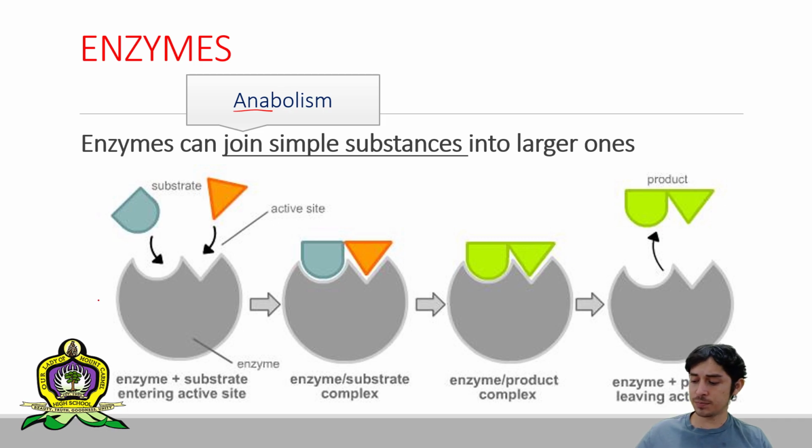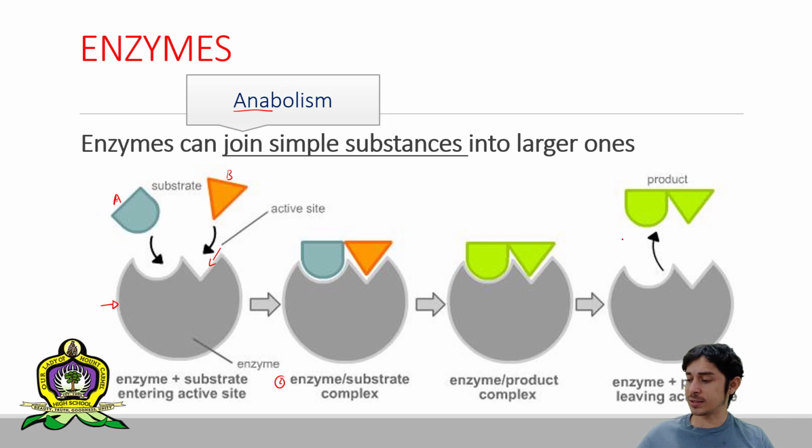The gray part represents our enzyme. In number one, we have two substrates. These two substrates will approach the enzyme and land on the active site. Once they land on the active site, they will bind with the enzyme. The enzyme will join them, normally through a process known as condensation.